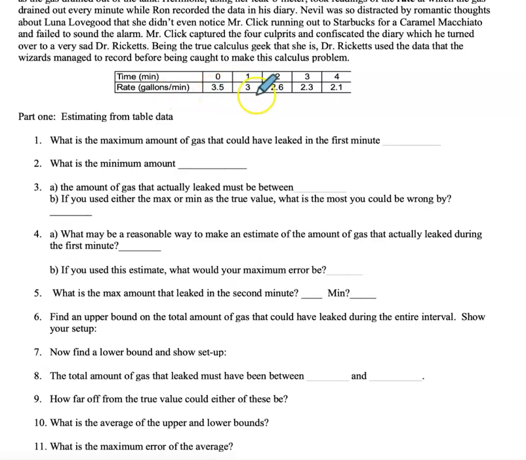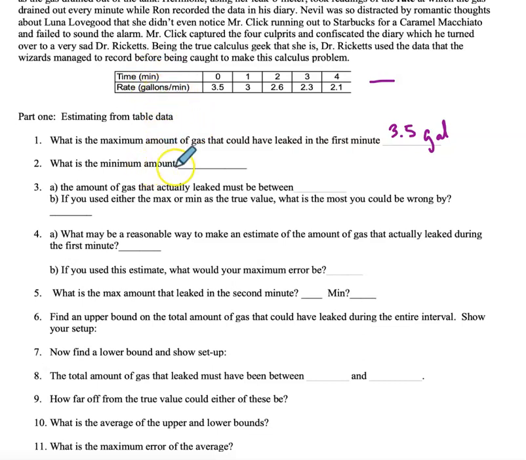So let's pretend that the gas leaked out at this constant rate of 3.5 over the entire first minute. Well, that means that 3.5 gallons could have possibly leaked out over the first minute. And I got the units by multiplying the rate times the time. So gallons per minute times minute results in gallons.